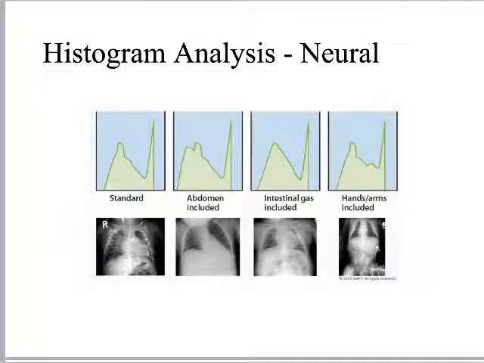So it could look at all the previous, like 50 x-rays that you've shot of this type of body part and start to learn, based on how you're shooting in the department, what should be the volume of interest. So we'll call that neural histogram analysis or deep learning, right?